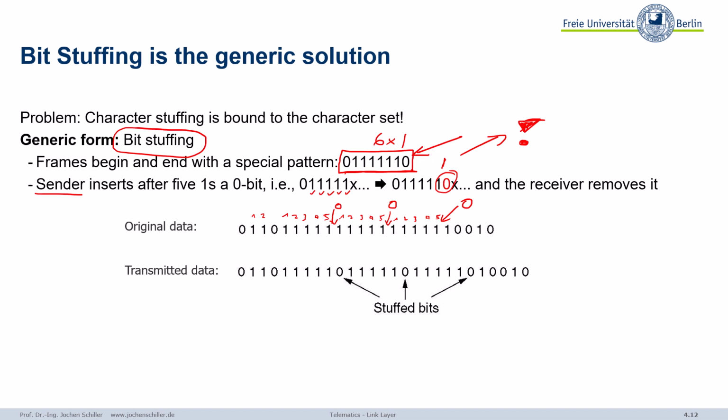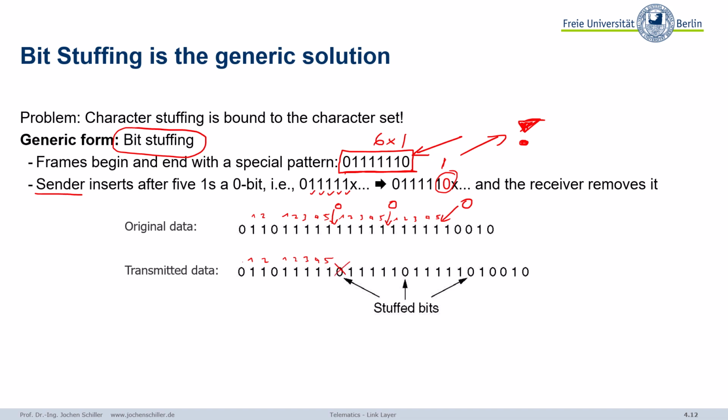So what does the receiver do? Again, this is true for the payload. The receiver simply checks, okay, 1, 2, okay. This 0, we take this. 1, 2, 3, 4, 5. After 5 ones, I have to delete the 0.